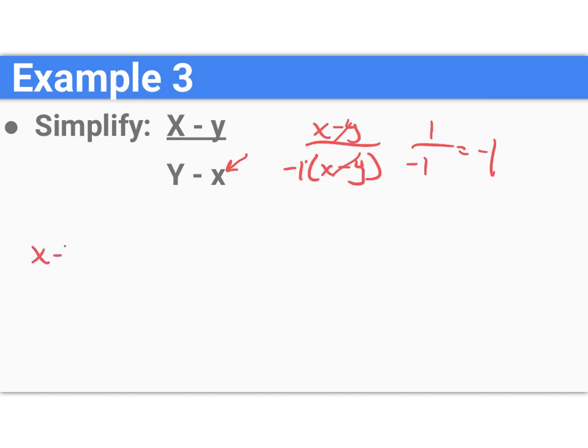So when x minus y, which is our denominator, equals 0, x equals y. Because these are both variables, I guess this does not exist on the line x equals y.